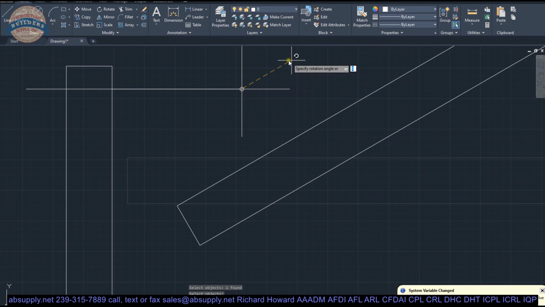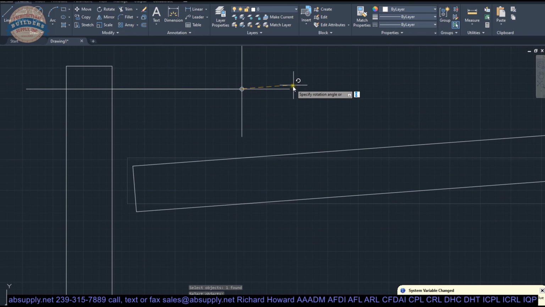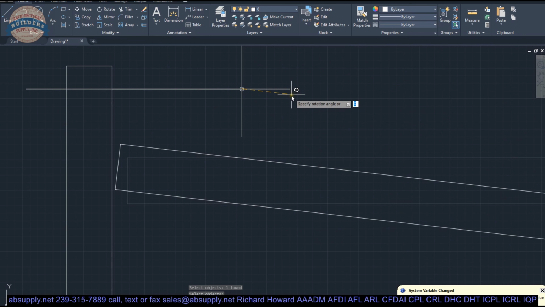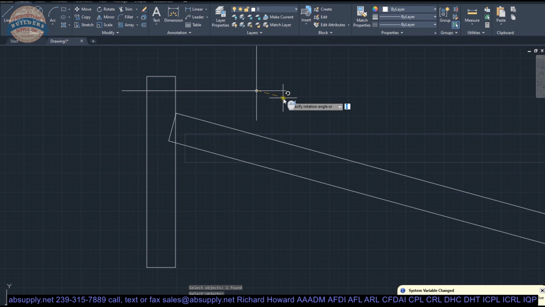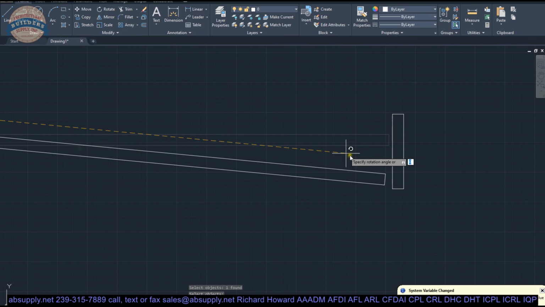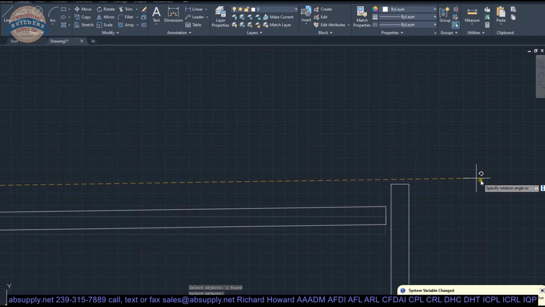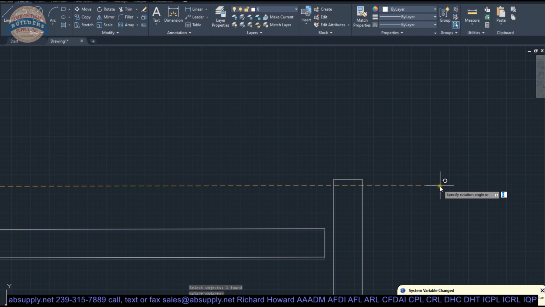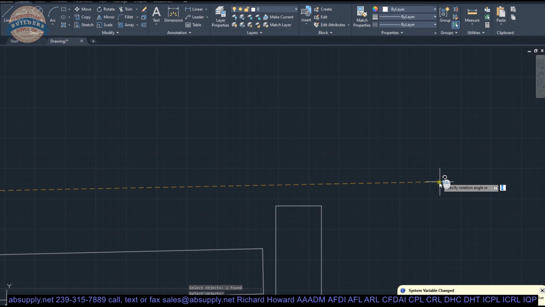And as I rotate the door, you can see nothing happens at all. The door is not going to go in, it's going to swing out. So the question becomes, what happens on the opposite side? And I have the margin set between the door and the frame right now at 1/4 inch.